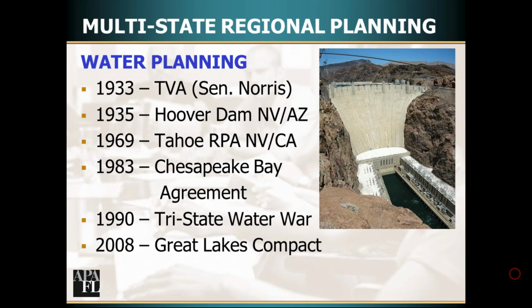Another type, a sort of negative one we're having right now, is called the Tri-State Water War, between Georgia, Alabama, and Florida as the primary three. It has to do with what becomes the Apalachicola River in Florida. Upstream in Georgia, Atlanta is sucking all the water out of the system.